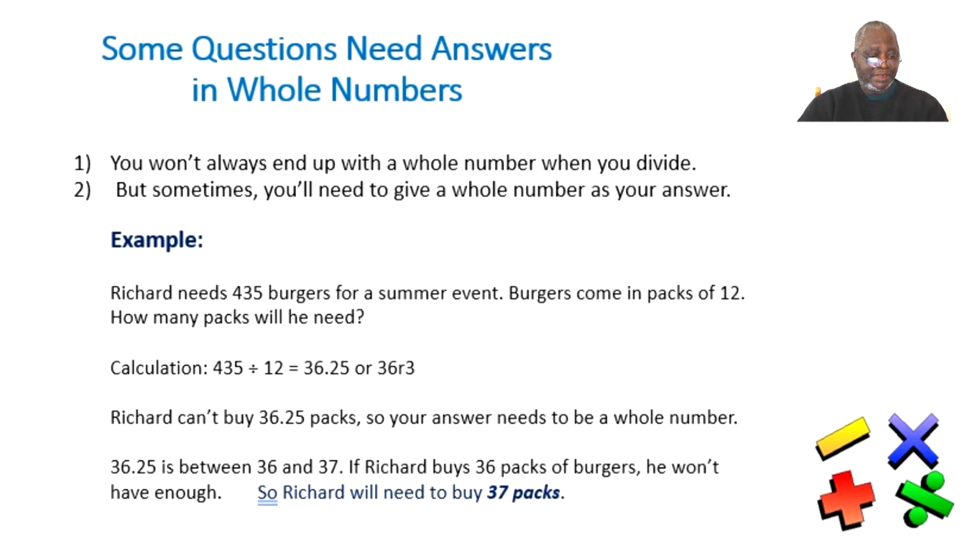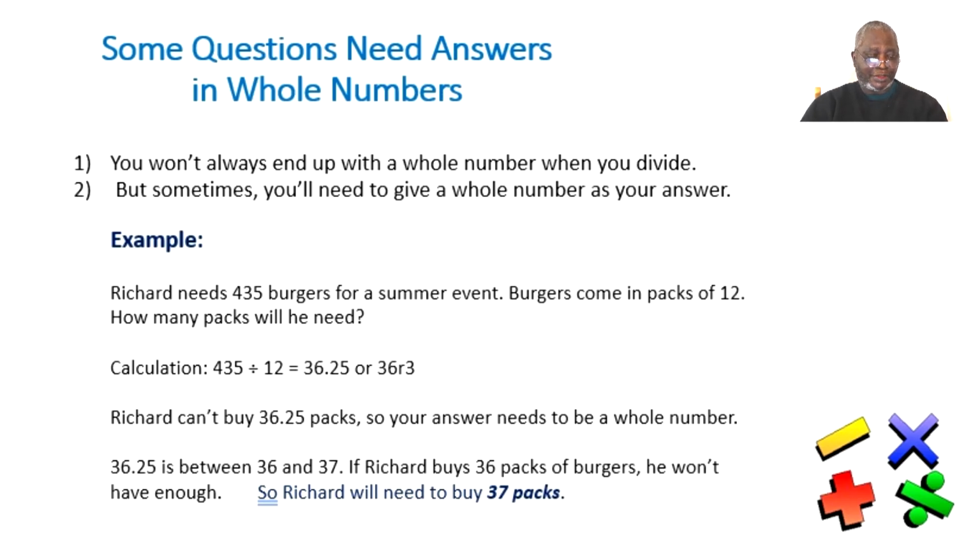For example, Richard needs 435 burgers for a summer event. Burgers come in packets of 12. How many packs will he need? Note that he must have 435 burgers. You can only buy in packs of 12.